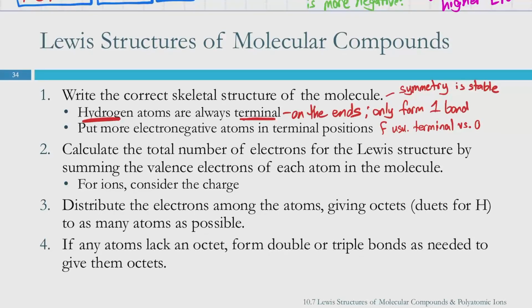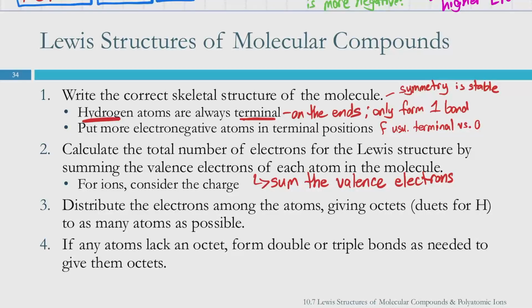Our second step is we want to calculate the total number of electrons. So we want to sum the valence electrons. I'd recommend writing out all of the elements that we have, how many of them you have, multiply those by how many valence electrons they have, and add all of those up.